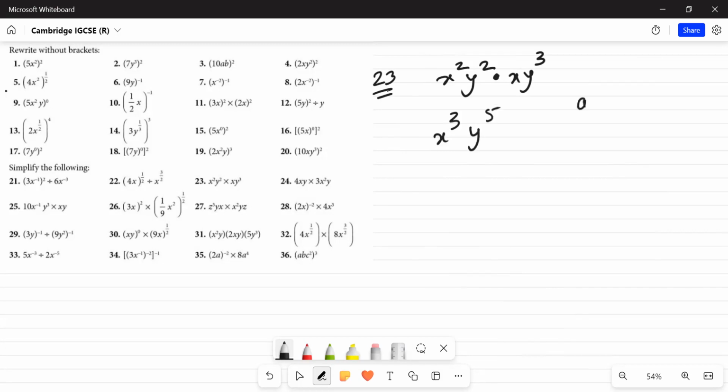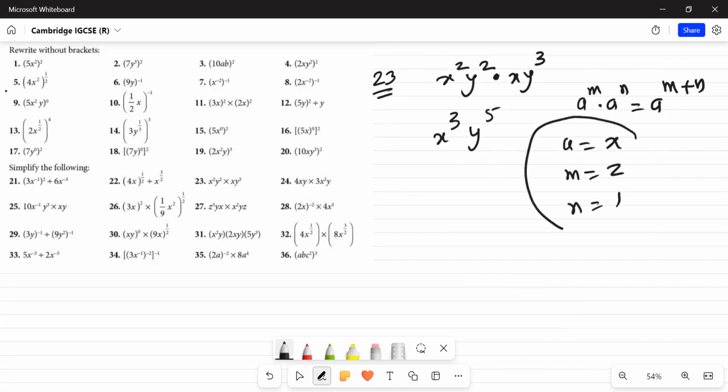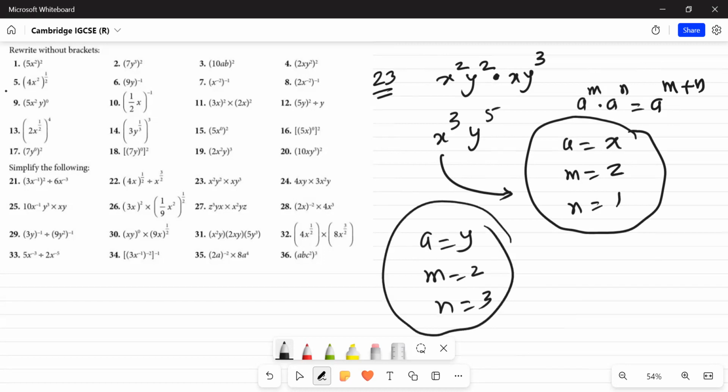What am I using? a raised to m into a raised to n is a raised to m plus n. First one, a is x, m is 2, n is 1. Okay, this is the first one from which you are getting this answer. And the second one, a is y, m is 2, n is 3. From this, you are getting this answer.